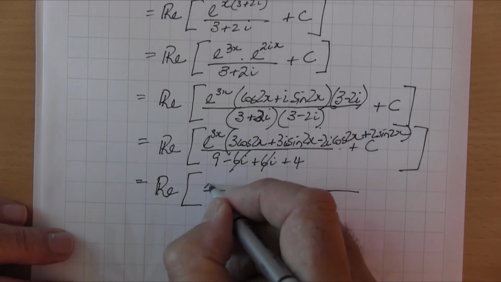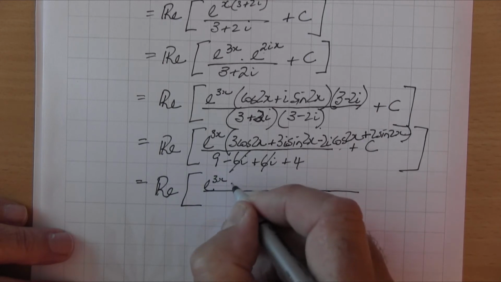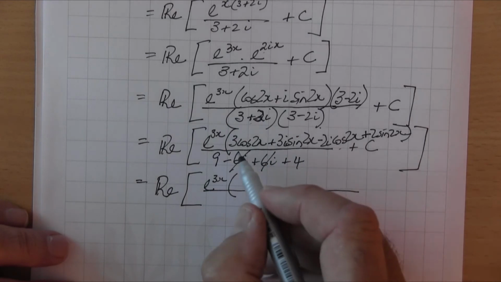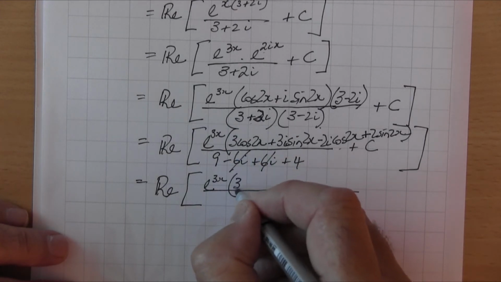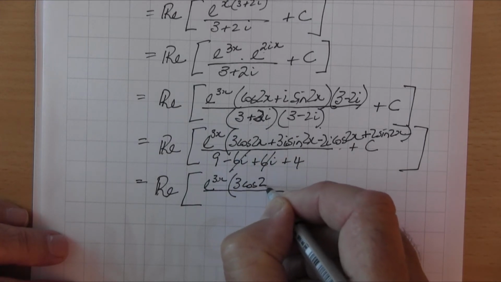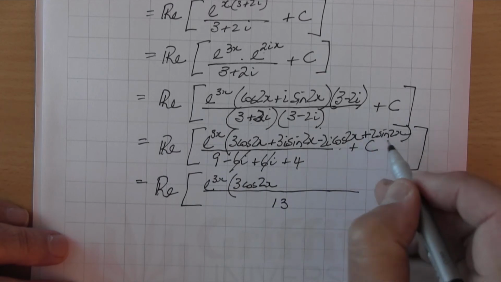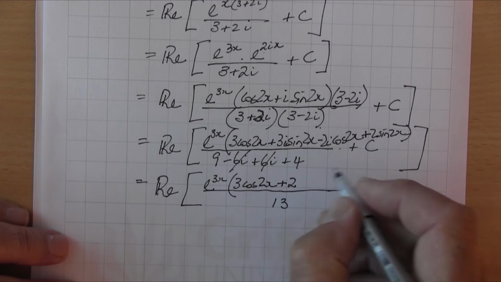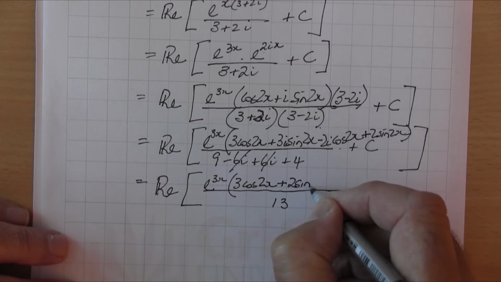Close the bracket there. e to the 3x. And let's get the real parts together. So we've got 3 cos 2x, and here is my other real part, plus 2 sine 2x.